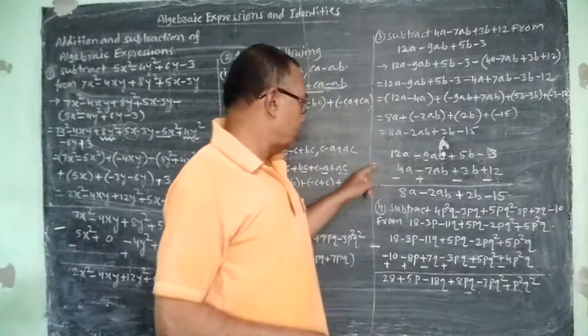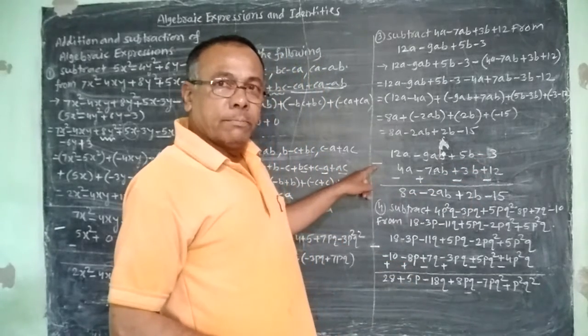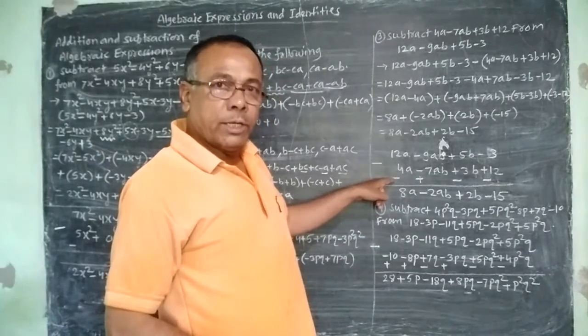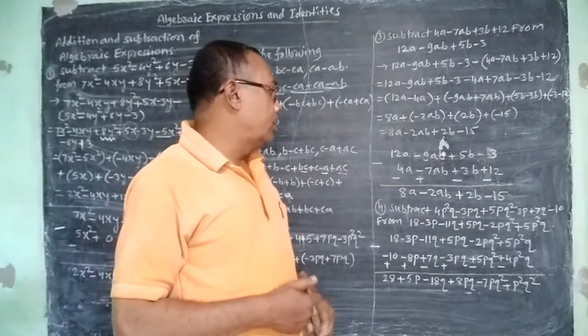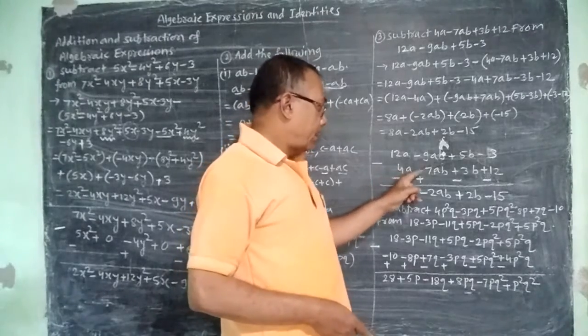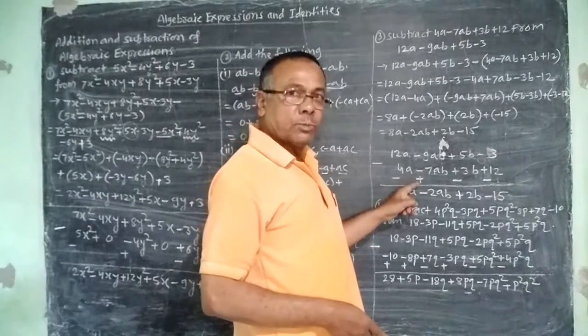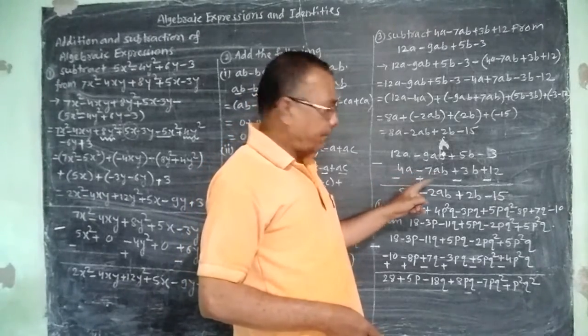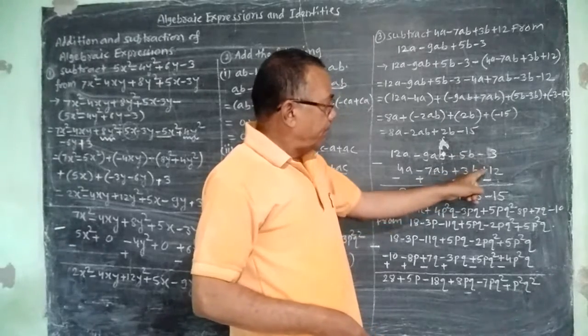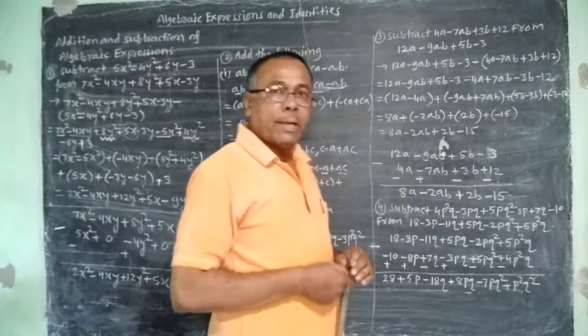But since we have to subtract, we have to change the signs of the terms below. So 4a will become minus 4a, minus 7ab becomes plus 7ab, plus 3b will become minus 3b, and plus 12 will become minus 12.